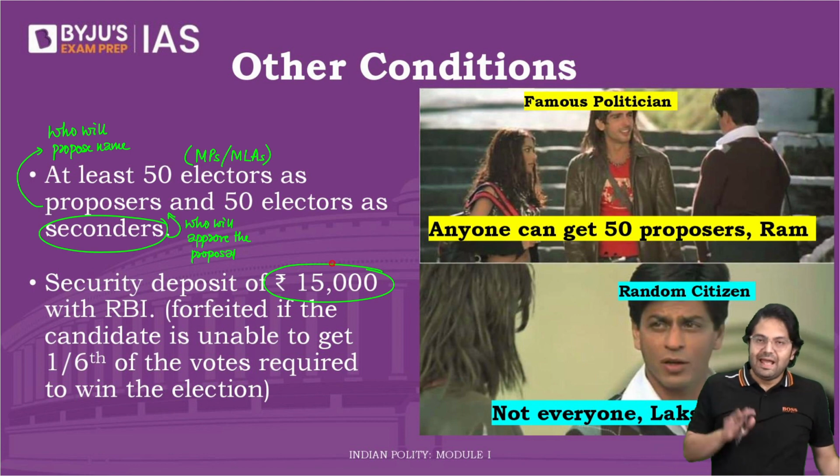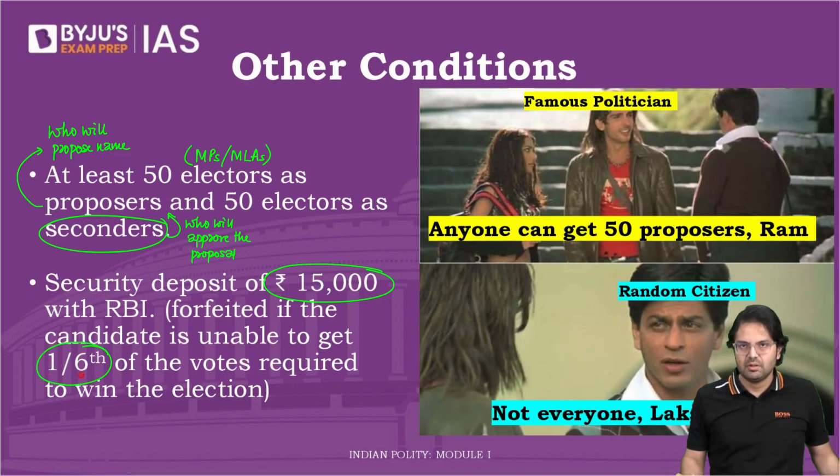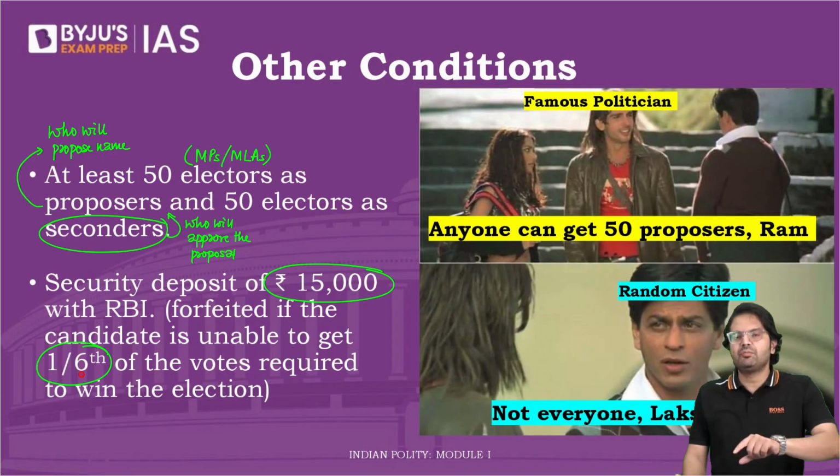So in this form, and if after the counting of votes you may have lost, no problem. But if you are unable to get even 1/6 of the votes that were required to win the election, then the 15,000 rupees will be forfeited, gone. In the words of Rahul Gandhi, khatam. Clear?